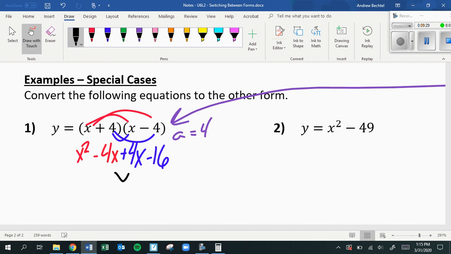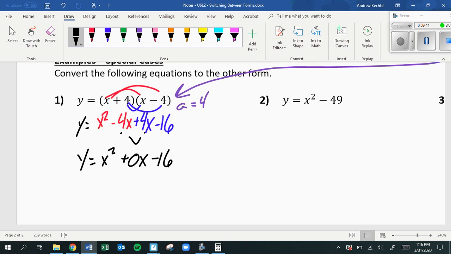When we combine this, make sure this is still an equation, we get y equals x squared plus 0x minus 16, because we did -4 plus 4.